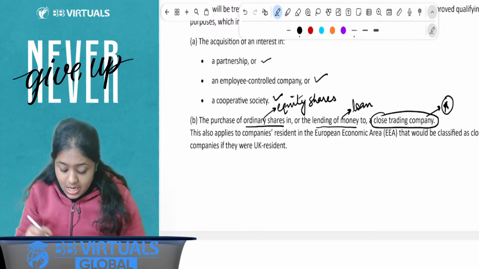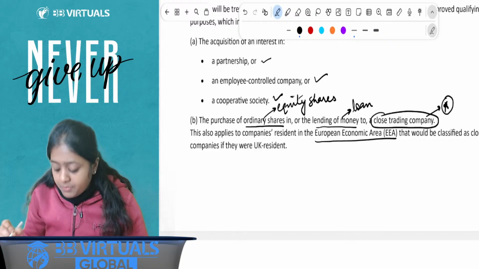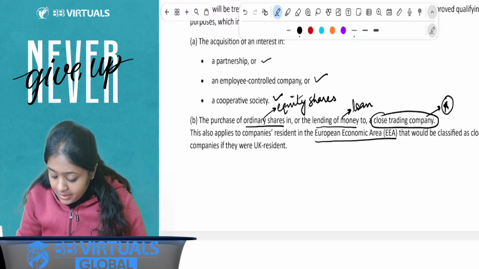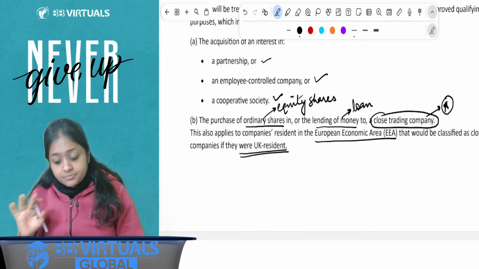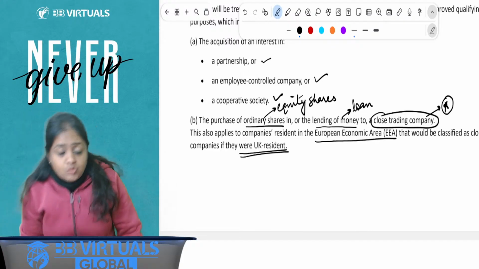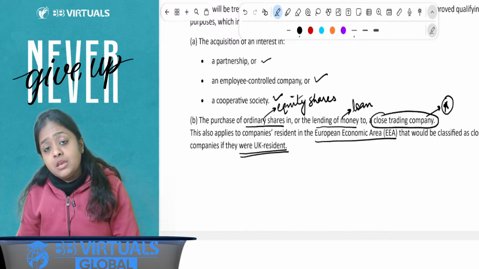One more point, this also applies to the companies which are in the EEA, European Economic Area, and that would be classified as closed companies if they were UK resident. So just understand, a closed company is a company which is UK resident, and even if it is in the EEA, it will be allowed.